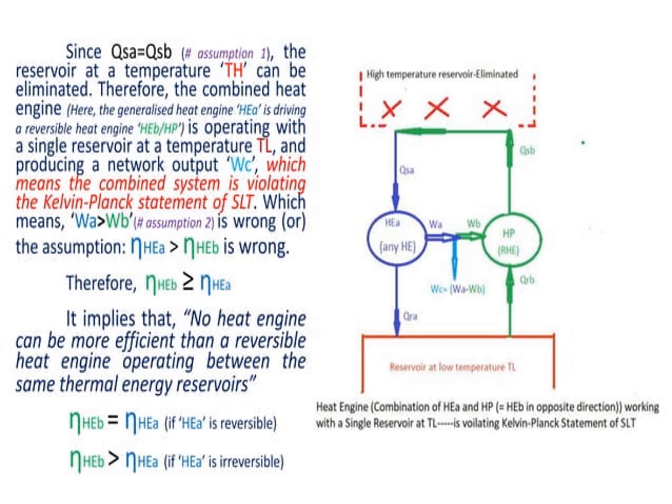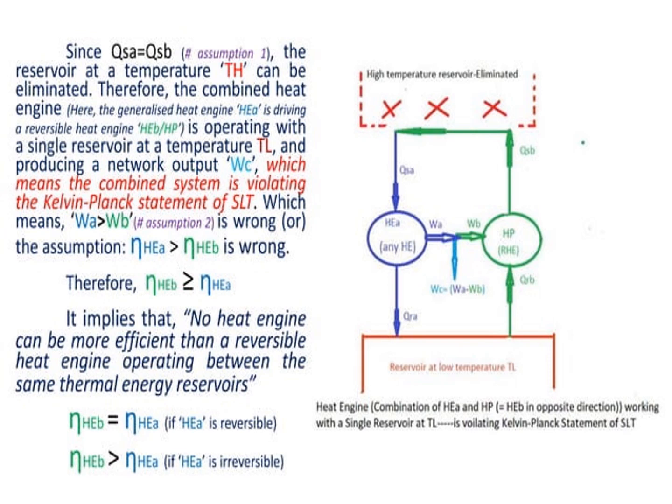Here we are assuming that QA is equal to QB. The reservoir at the high temperature can be eliminated. Therefore, if the high temperature reservoir is eliminated, the heat passes from the heat pump to the heat engine directly without any high temperature reservoir.